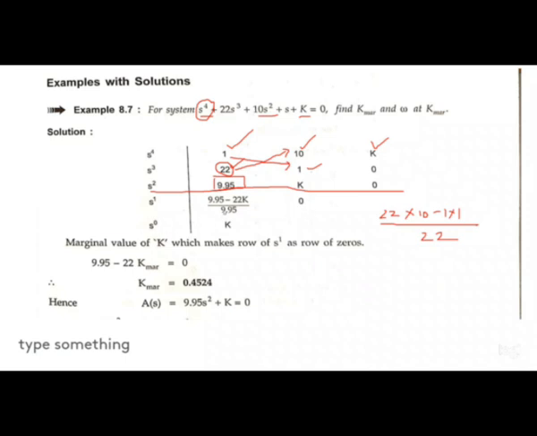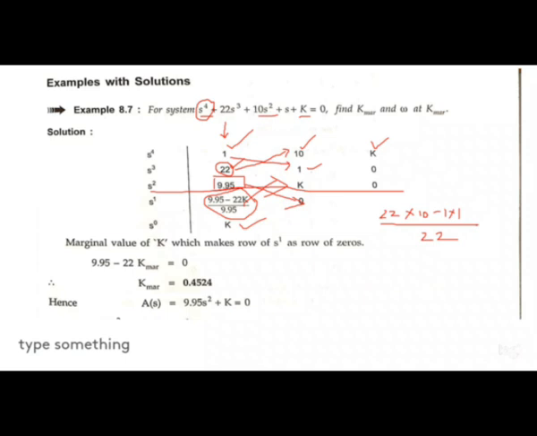Next, s to the power of 0: this term is multiplied by K, then minus this into this, all divided by the entire thing, so you get the value K. We know that the first column of the array should be positive, which we learnt in the previous video.